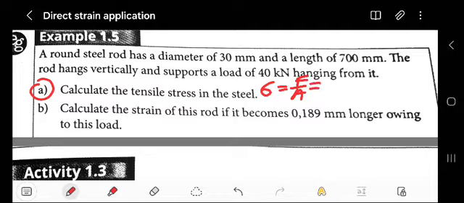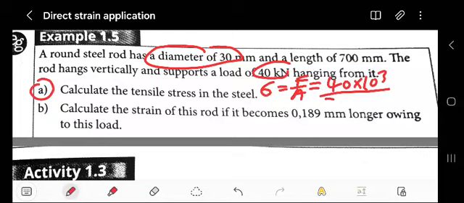So what is the force you've been given there? 40 kilonewtons, which is simply 40 times 10 to the power of 3, divided by the area. Remember, they say it has a diameter. That means the area will be pi over 4 multiplied by the diameter squared, which is 0.03. Do not forget to square it.